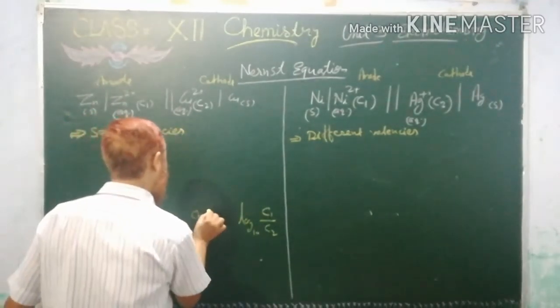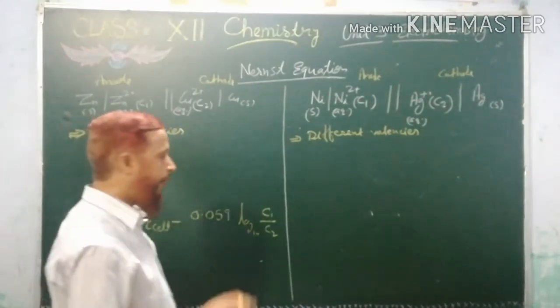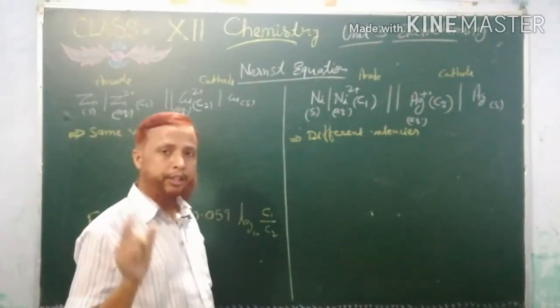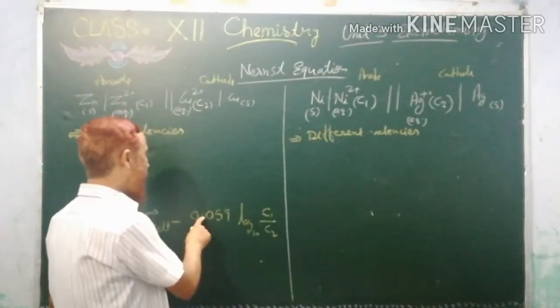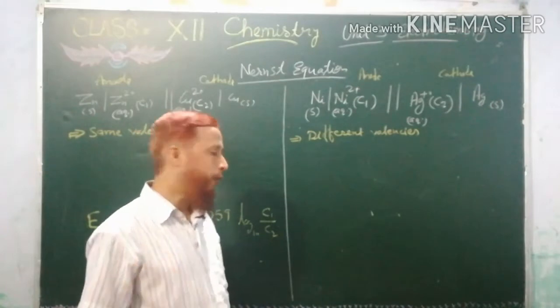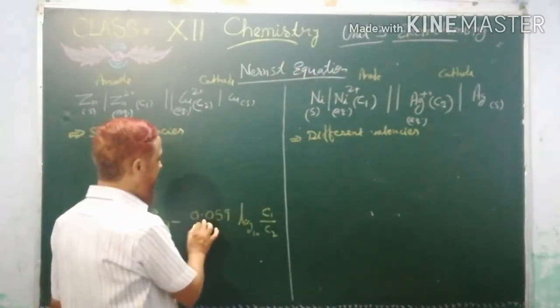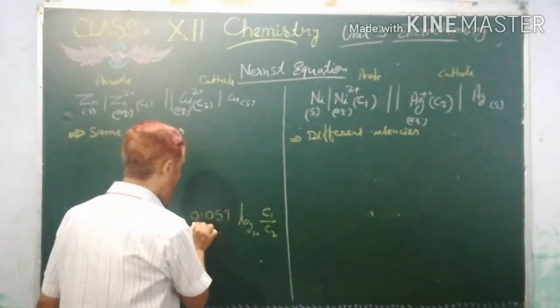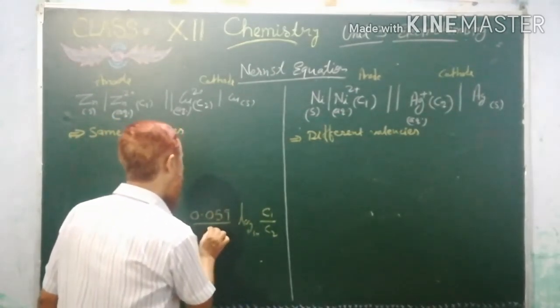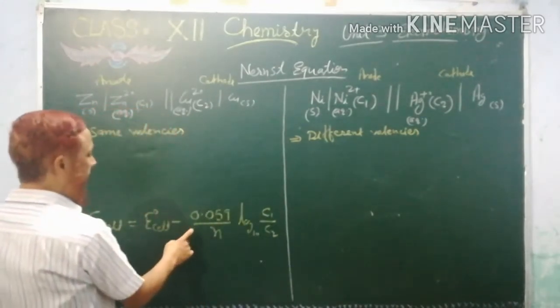It will come 0.059. When the value of R we take 8.31, then it will be 0.059, and if we take R 8.314, the value will come 0.059 and 1 will come, but mostly we will use 0.059 upon n. Okay, this is the Nernst equation.